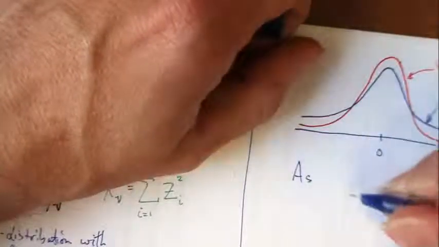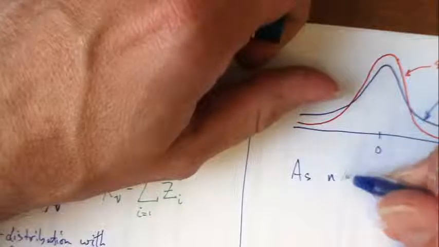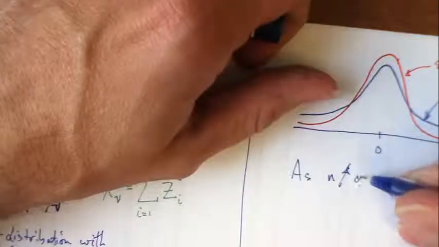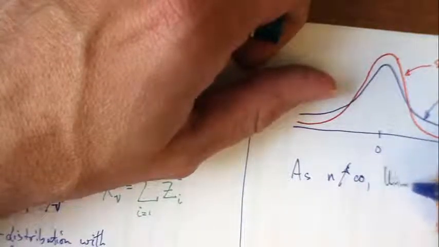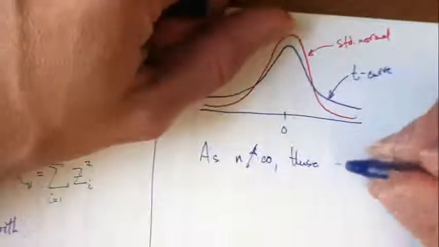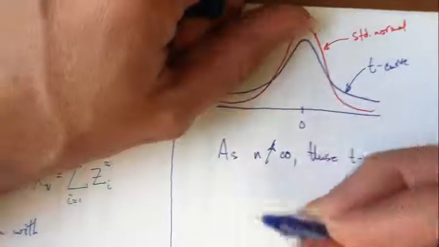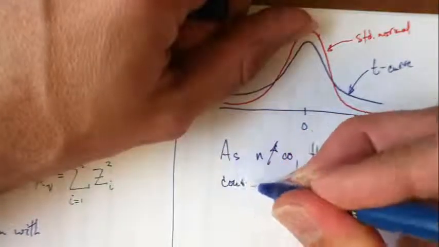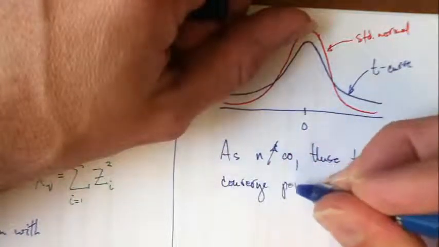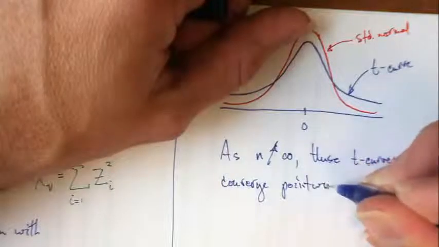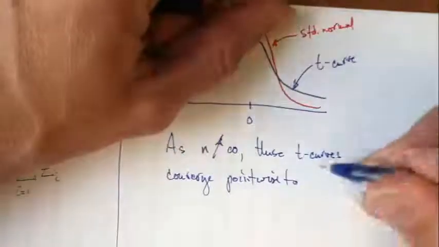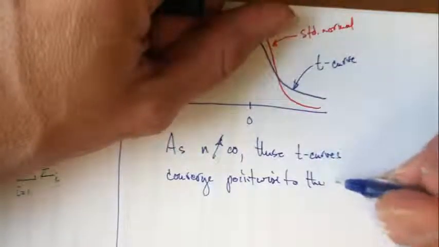And by the way, as the sample size goes up, these T curves converge pointwise to the standard normal density.